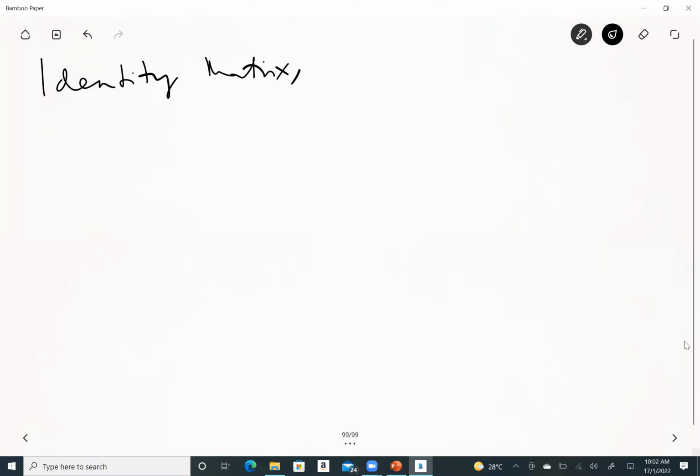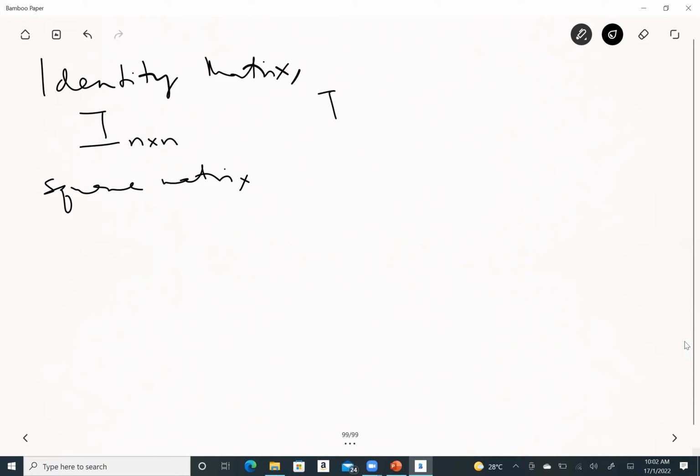We call it I. The I should be a square matrix. It must be n by n. All right, it's a square matrix. This is like the number 1. Okay, like the number 1.